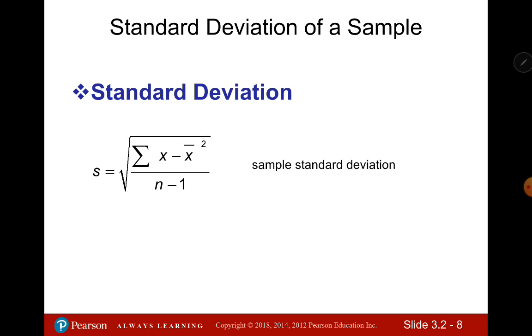All right, let's check the standard deviation. This is the formula. In this formula, you will find this is the summation sign, right? Which means we should get the sum.